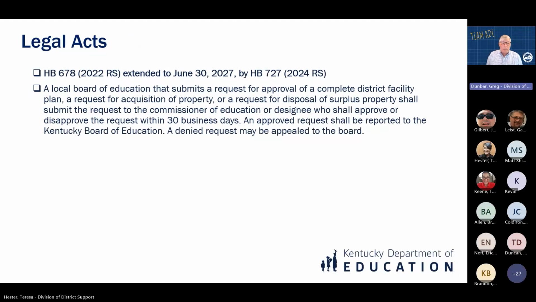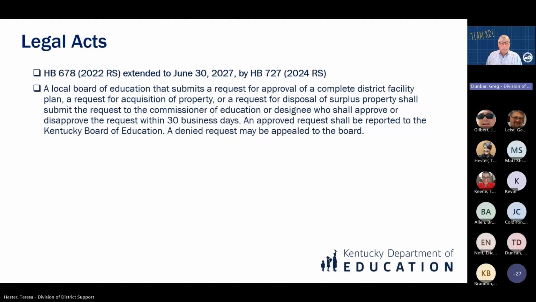Legal acts. Everybody's familiar with House Bill 678, 727. The portion of that applies to property acquisitions is that KDE has 30 business days to approve or disapprove transactions. Approved requests shall be reported to the Kentucky Board of Education.